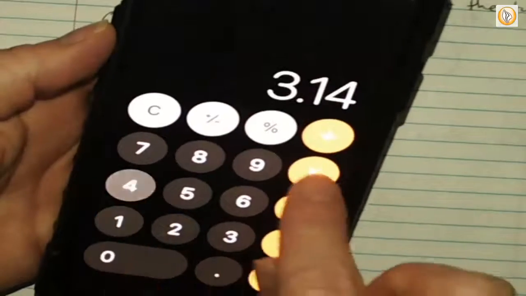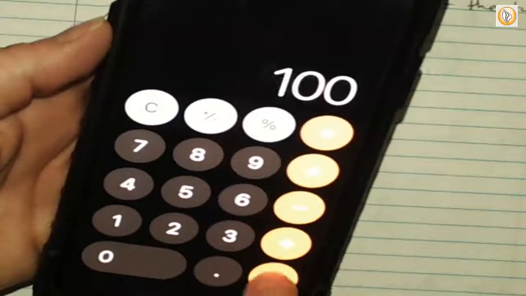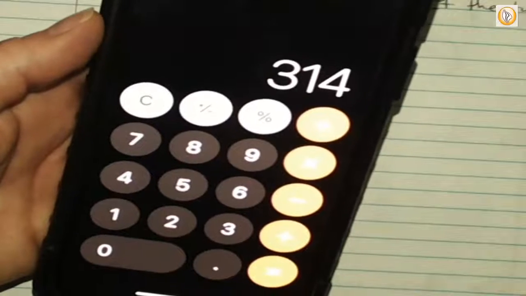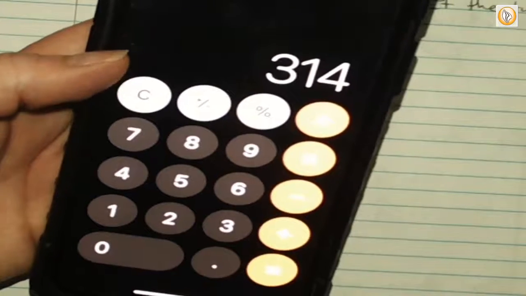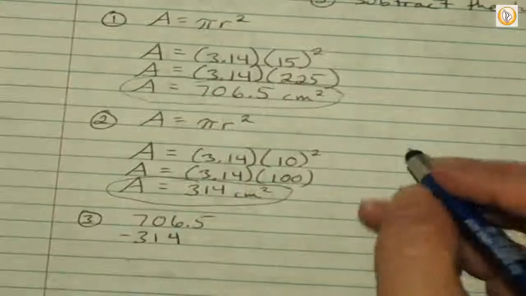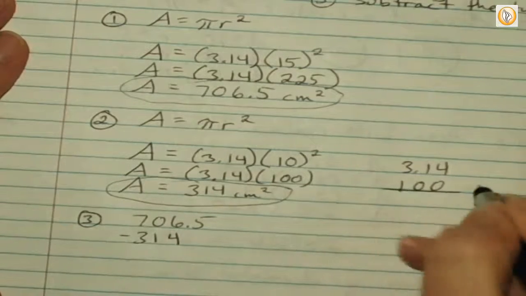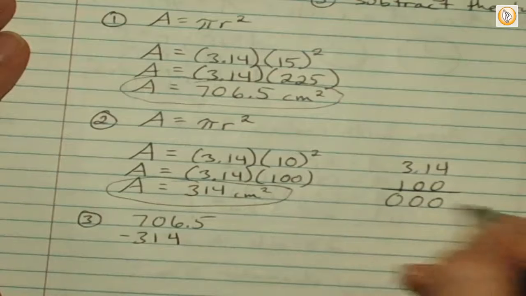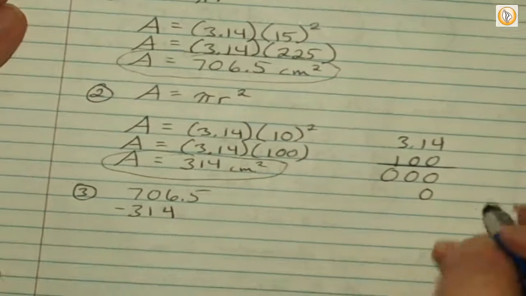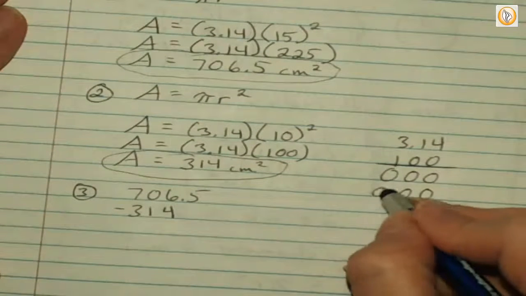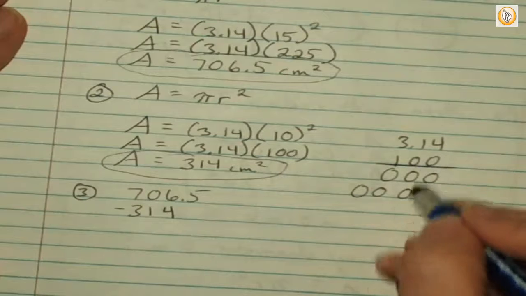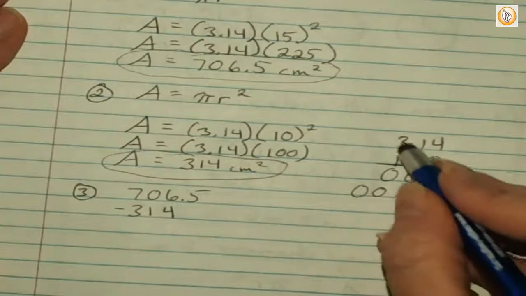3.14 times 100. Where's the point? Okay, watch this. 0, 0, 0, right? Put another one, and that's another 0. 0 times 4 is 0.